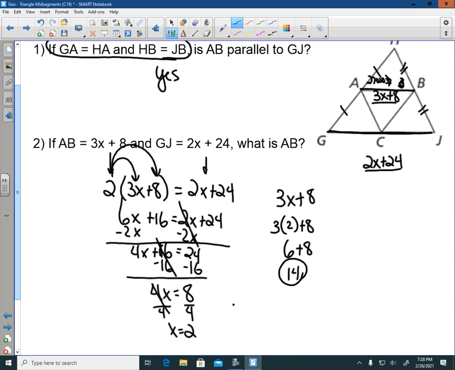So this side must be 14. There you go. Now, I'm not saying that's not tricky. It is a bit. You know, I'll give you that for sure. But let's work our way through it. If AB is a midsegment, which it is, we know that it is half the size of that third side. In other words, if you take that midsegment and you multiply it by 2, you're going to get the third side.